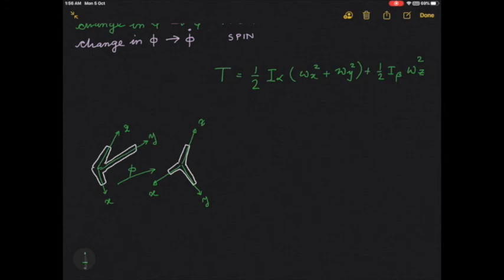Now let us consider a rotation which will make the z-axis vertical. So that will have the z-axis like this. Now it's a rotation about x. So x remains as it is.